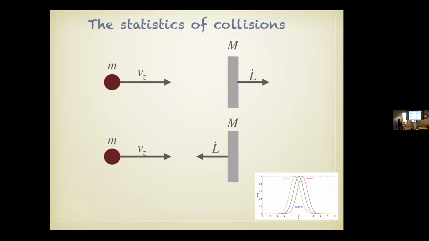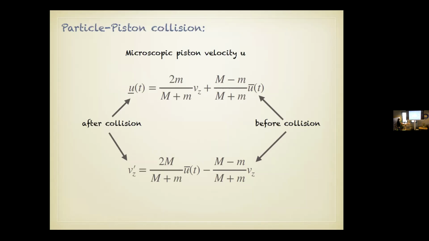So the center of mass system for the collision between a piston moving out and moving in is different. Now we can simply use what we know from classical mechanics about elastic collisions to make the following computations.